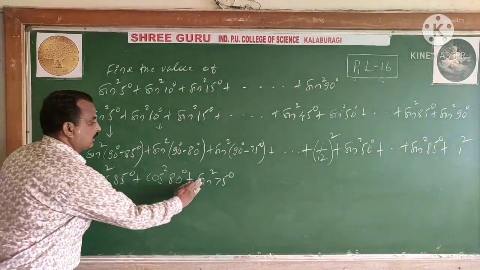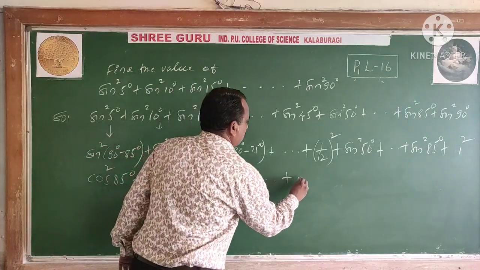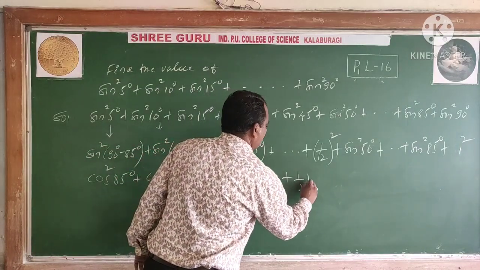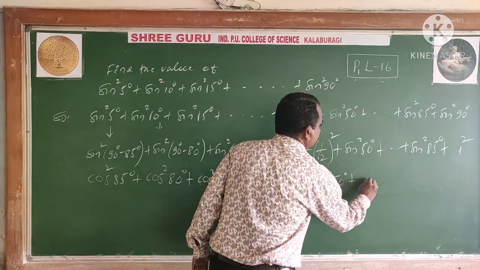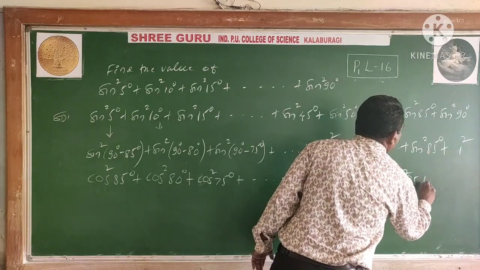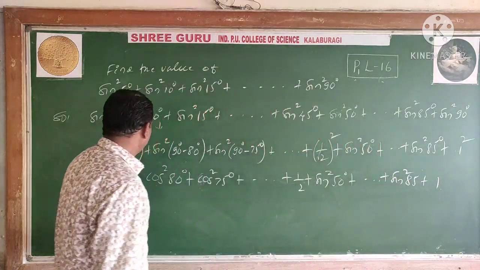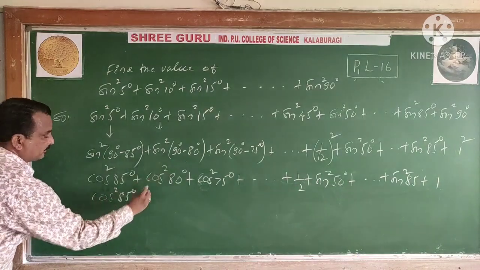Sin changes to cos. Cos of 75 degree plus 1 by 2. This onwards, 45 onwards remain as it is. Sin square of 50 degree, sin square of 85 degree. This one is minus 1. Now see the students, making the pair: cos square 85 plus sin square 85.